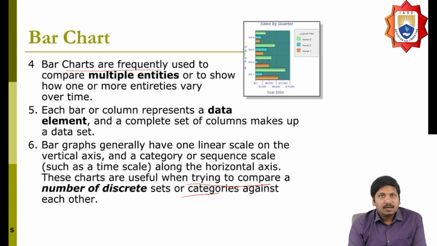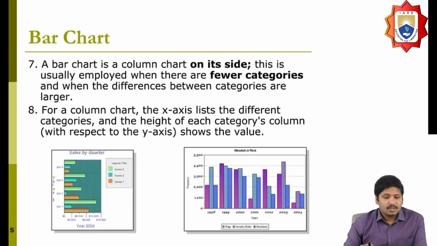So there are different types of bar charts. The very first thing is that we are able to represent a data element, and complete columns make up a data set. The bar graph generally has one linear scale on a vertical axis and a category and sequence scale along the horizontal axis.